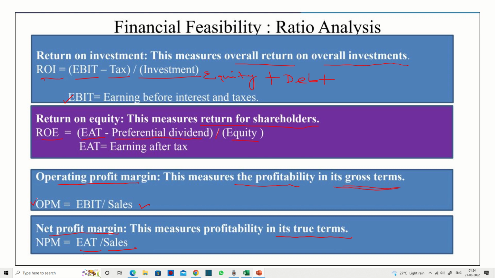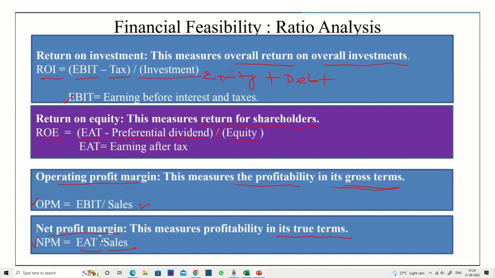The difference between OPM, that means operating profit margin, and NPM is that NPM is EAT, that is earning after tax, while OPM is earning before interest and taxes.